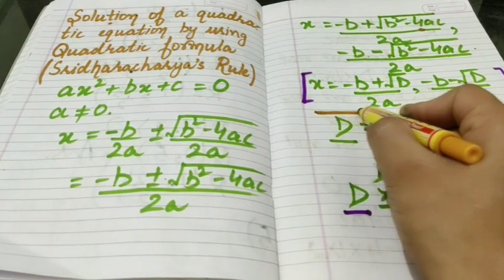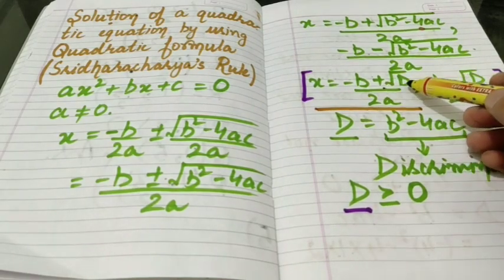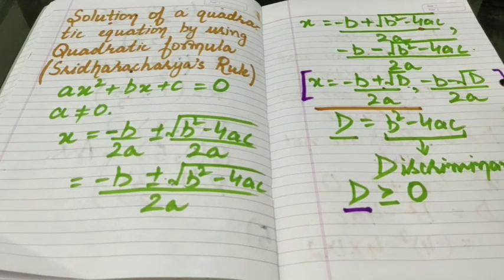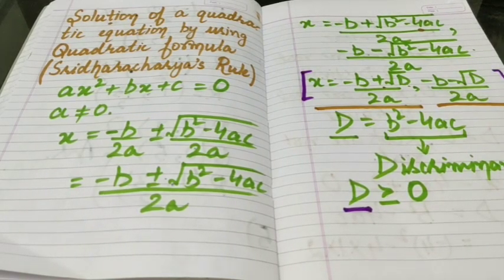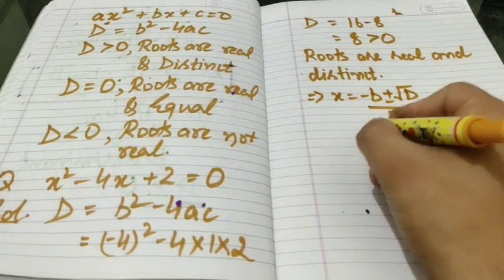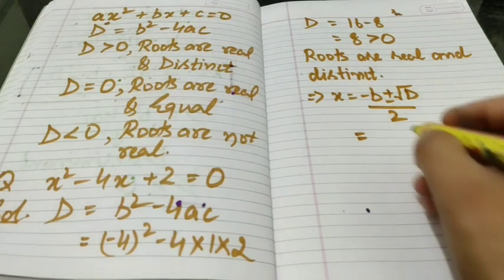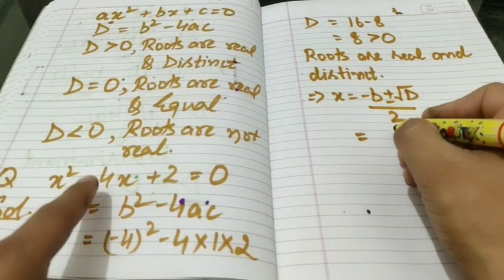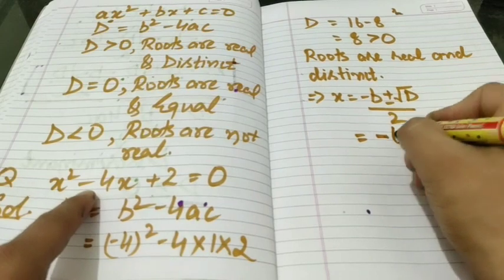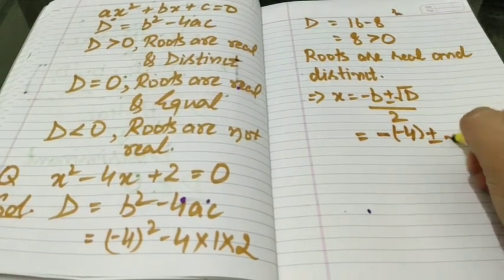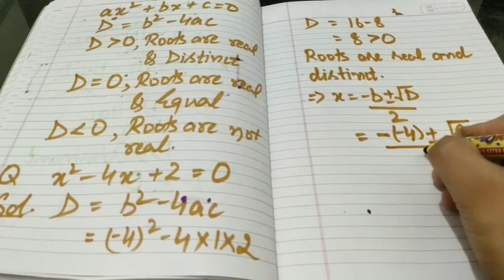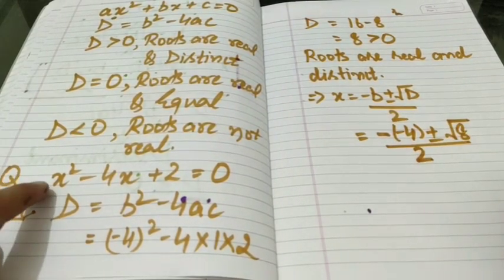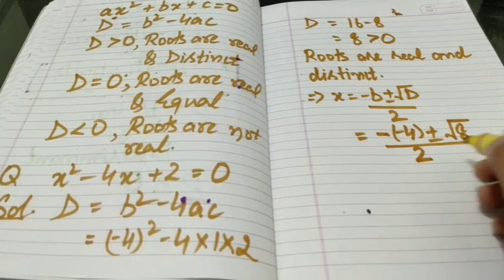Now since roots are real and distinct, by using the quadratic formula we know that the roots are x equals to minus b plus square root of D divided by 2a, and the second root is minus b minus square root of D divided by 2a. By applying the quadratic formula we get x equals to minus of minus 4 plus minus square root of 8 whole divided by 2a, and here the coefficient of x is 1, that's why the value of a is 1.